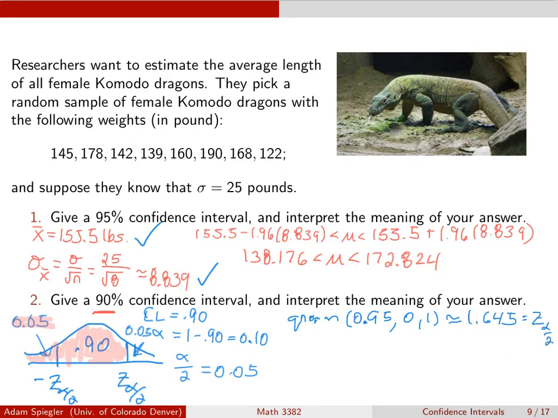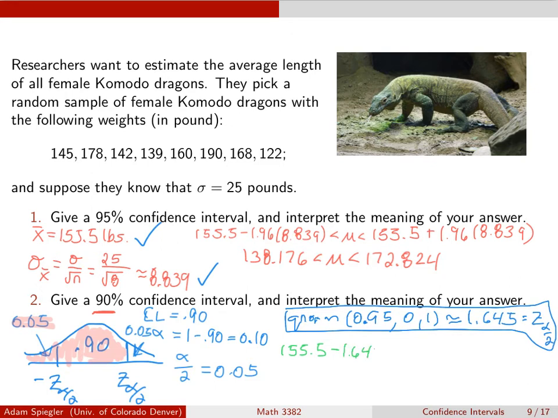So that would be the z alpha over 2 value that we found over here, and this one would be the minus 1.645. So now when we construct our confidence interval, the only thing we're going to need to adjust is what multiple we're going to multiply by the standard error.